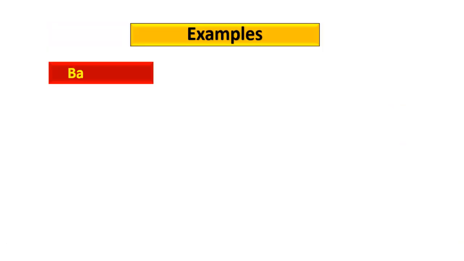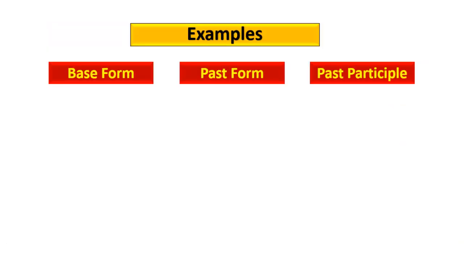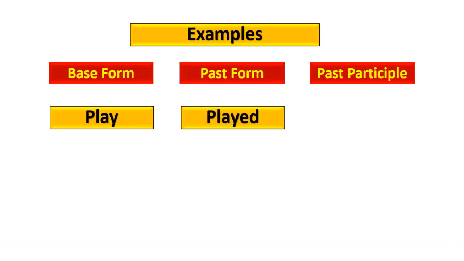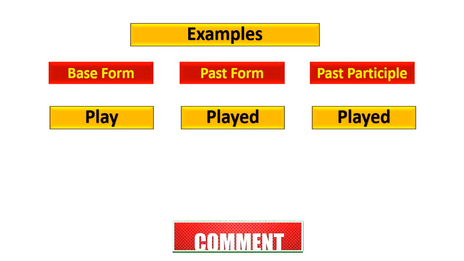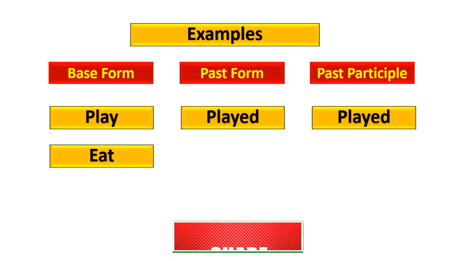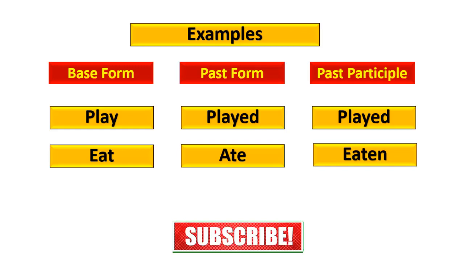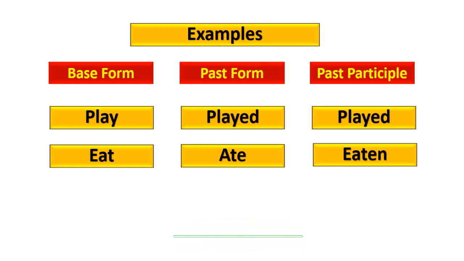Now, to elaborate it through an example, the word play will be changed into played in past form and played in past participle. Let's look into another example, the word eat in base form, ate in past form and eaten in past participle form. In the above example, we have used ed with play in past form and past participle form.